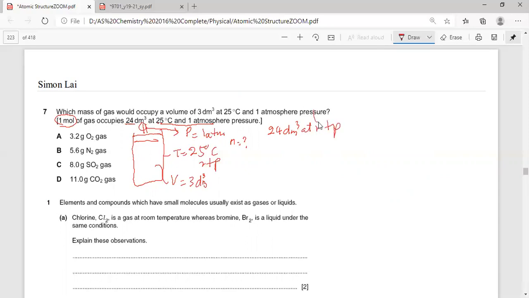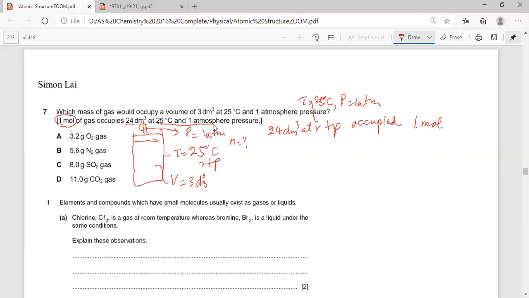What's RTP? Temperature equals 25, pressure equals 1 atmosphere, occupied by 1 mole. Therefore, this is a very simple way to do all the calculations.